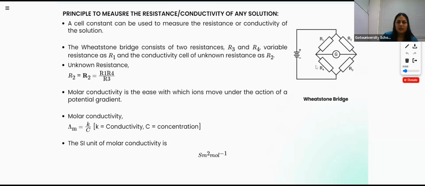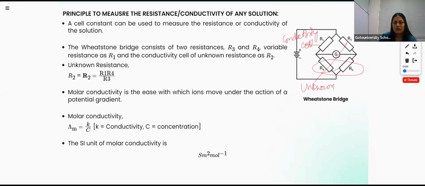Here in the Wheatstone bridge you can see two resistances, R3 and R4, which are variable. R1 is the conductivity cell, and R2 is the unknown resistance.